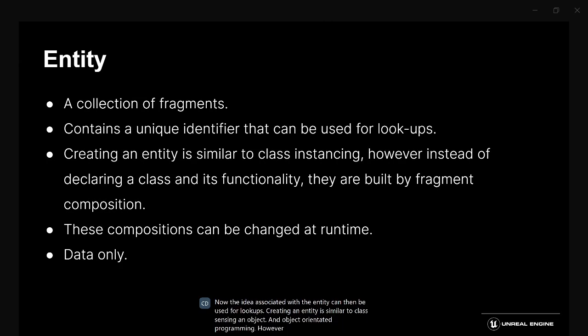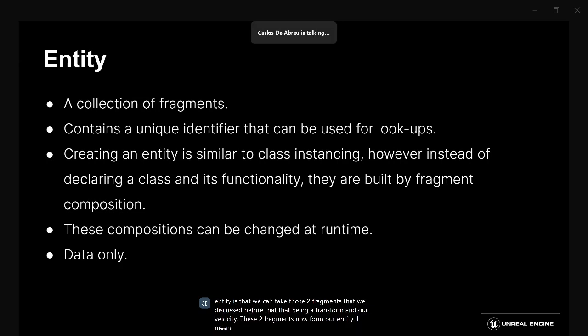However, instead of strictly declaring a class and its functionality, entities are built by fragment composition. An example of an entity is that we can take those two fragments that we discussed before, that being our transform and our velocity. These two fragments now form our entity, and it will be given a unique ID. Again, it is important to note that entities are data-only elements, so they have no logic inside of them.